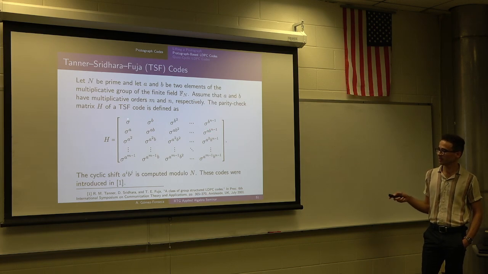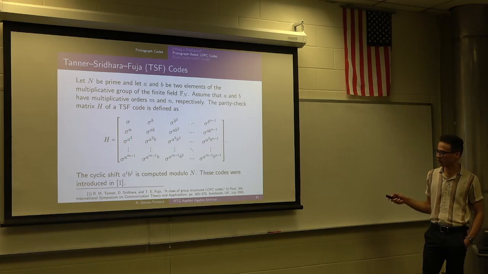I'm going to take sigma, sigma to the a, sigma a squared, and up to a to the m minus 1. Now the exponents in the second column are going to be the exponents in the first column times b. So it is 1 times b, b, a times b, ab, a squared times b, a squared b, and so on. And then the exponents in the third row are going to be these guys times b squared.